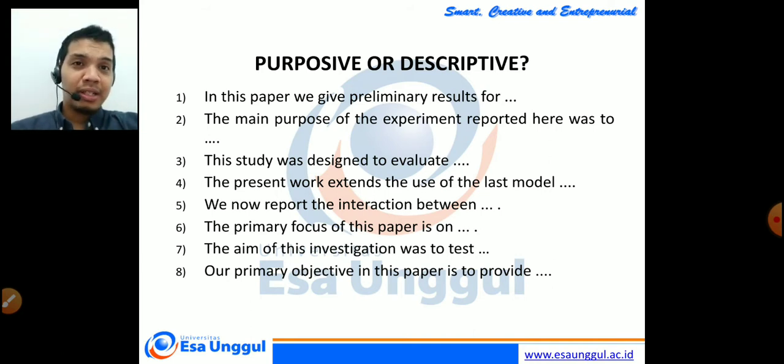The keyword for number one is "give preliminary results for." Number two, "experiment reported here was to." Number three, "was designed to evaluate." Number four, "extend the use of the last model."